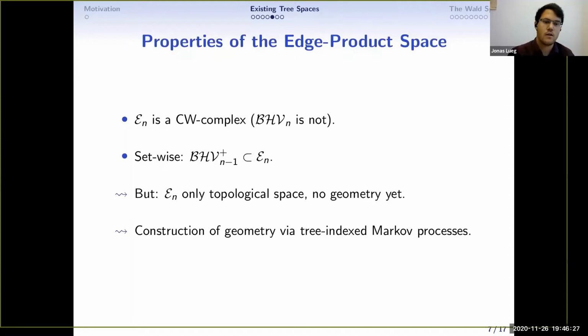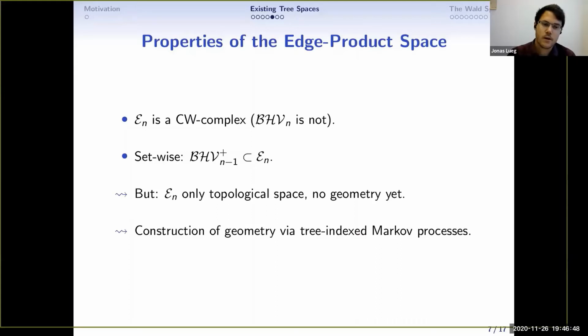Note that set-wise, the BHV space is a subset of the edge product space, where you take the BHV space with n-1 taxa, but you still have the root, so you take this as the nth label, and then you are basically in a subset of the edge product space.